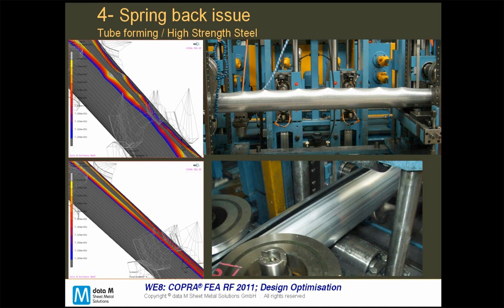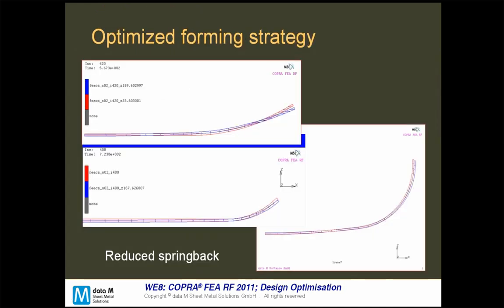In this case, we could see in the simulation that one of the main problems was the spring back between stations that made the material not formed plastically, so that the theoretical deformation was much less.